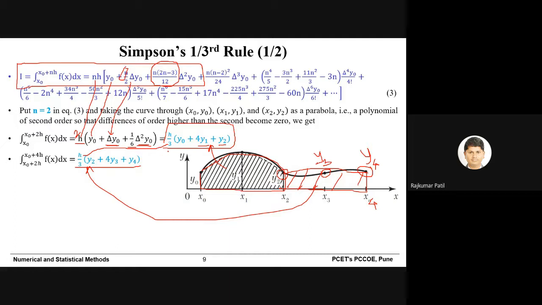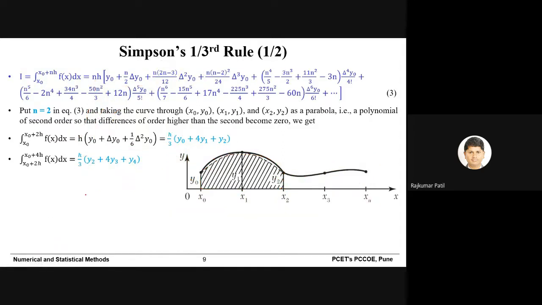H by 3 as it is, and instead of y0 here it is y2, because in the first equation the starting point was y0, and in this equation the starting point is y2. Again 4y1 is replaced by 4y3 corresponding to the second point, and y2 is replaced by y4 corresponding to the third point.